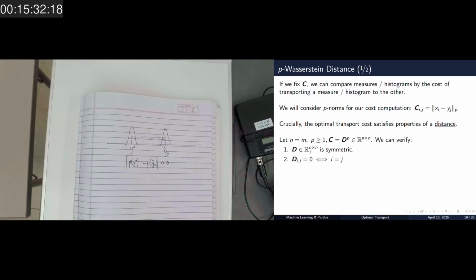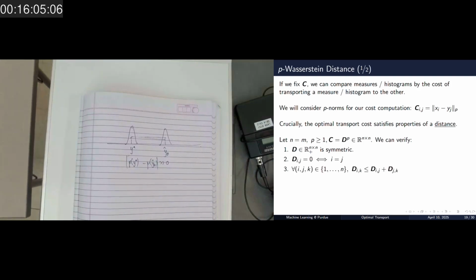The other, D_ij is equal to 0 if and only if i is equal to j. Both of these properties follow pretty directly from the definition of the norm. We know that the pth norm of x_i minus y_j is equal to the pth norm of y_j minus x_i, and by definition of norm it is 0 if and only if x_i is equal to y_j. So if i is equal to j.